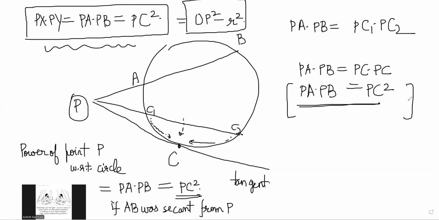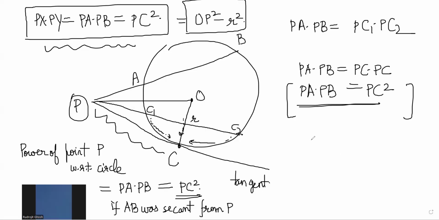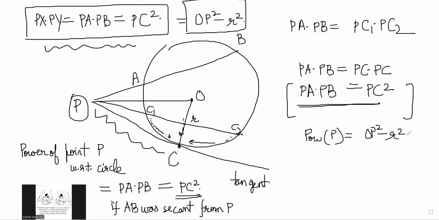Right? What is PC square? By Pythagoras theorem, it is OP square minus radius square, right? So another way to define the power of a point P with respect to a circle is OP square minus radius square, where O is the center of the circle and R is the radius.